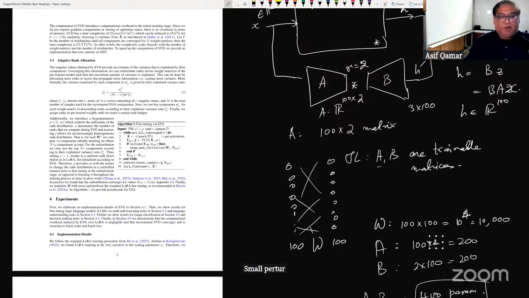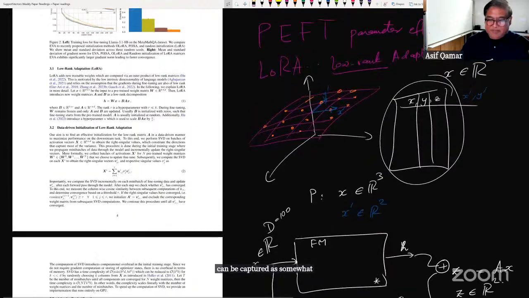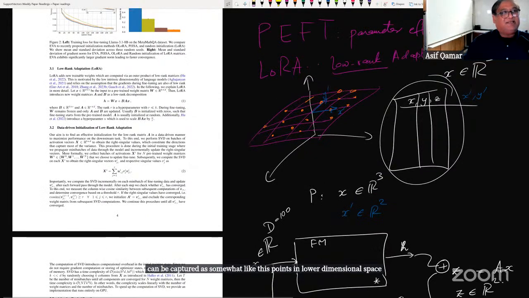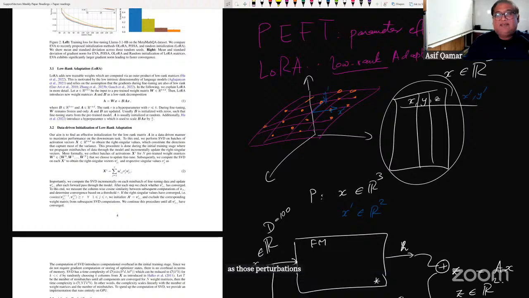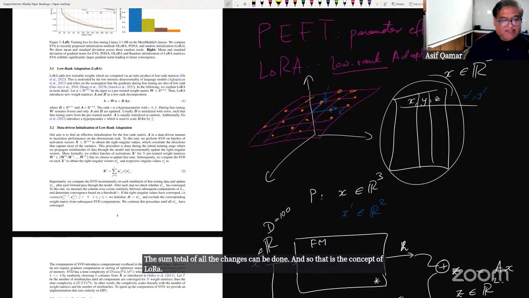And the basic hypothesis with LoRA is that small perturbations are best represented in a smaller subspace, and therefore with low rank matrices. And that's all you have to train. The sum total of all the changes can be done. And so that is the concept of LoRA.